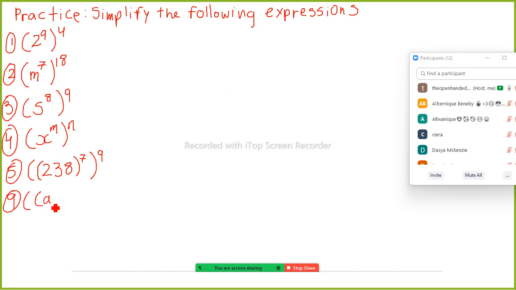Then p to the 4th power, squared, to the 5th.